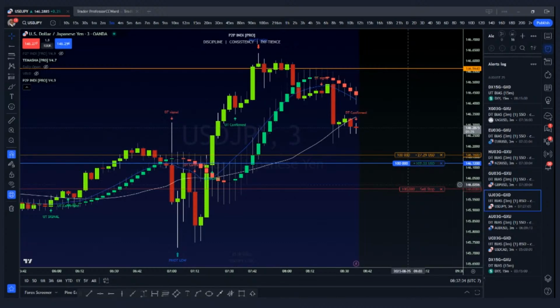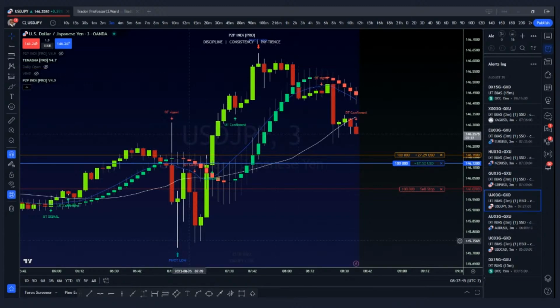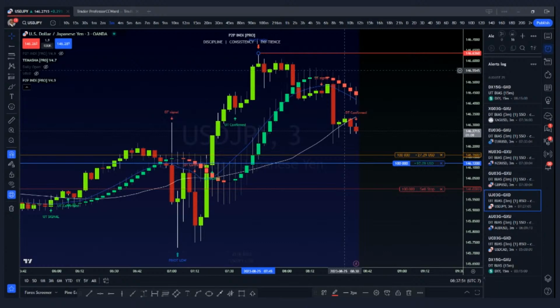The other option we have is we can put, let me delete this. And I'm going to go ahead and do it actually. We can put a buy stop order here at 146.63 in case it continues the uptrend.